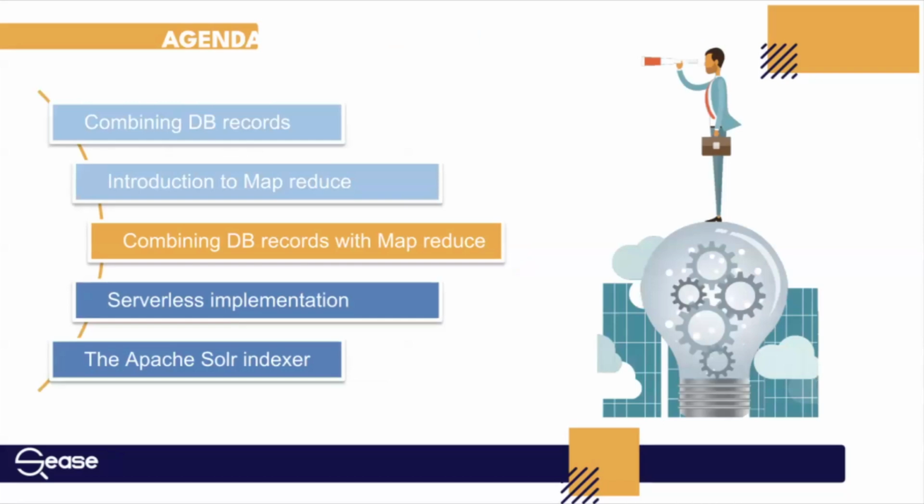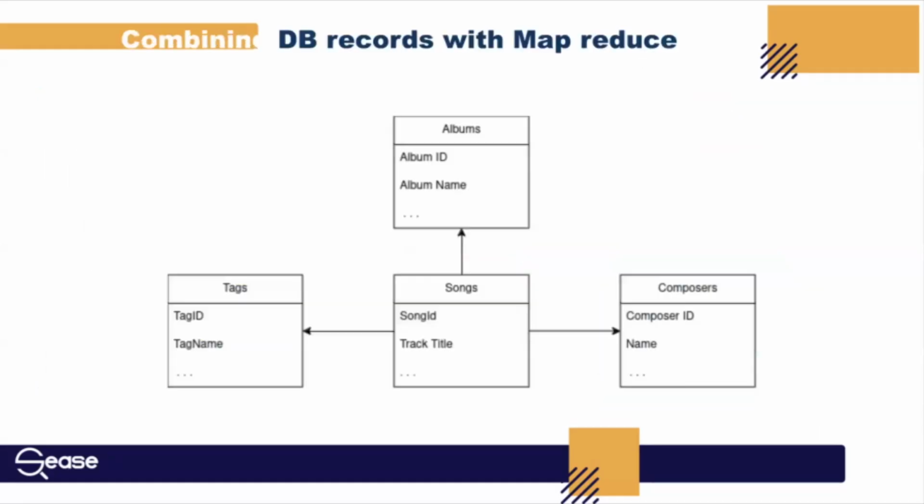So how can we use MapReduce to combine database records? Let's come back to the original problem. We have our relational database. We have our songs with a song ID and track ID. We have albums with some attributes, tags, and composers.